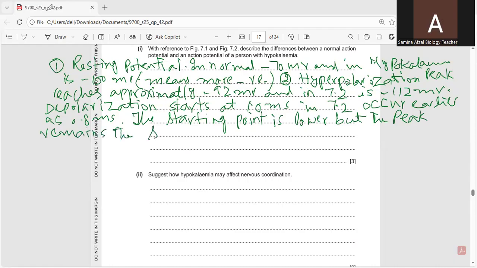It remains the same in both, that is plus 40 millivolts. You can see this in both graphs.